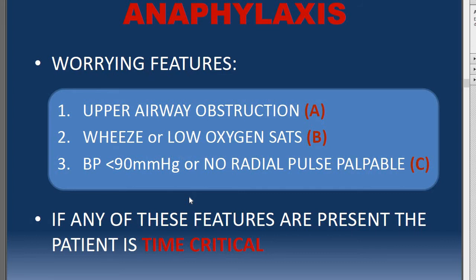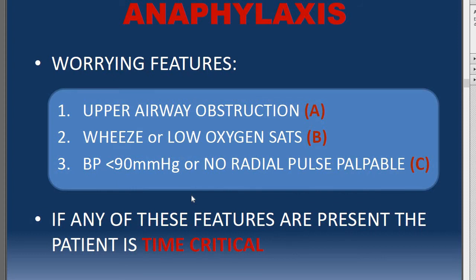So from an airway point of view, upper airway obstruction or impending upper airway obstruction. So we hopefully might get to them before their airway is closed, because if the airways become closed, then that's pretty bad news, because there's no way we can get oxygen down into the lungs. So we want to get to them before the airway closes, if possible, and give them suitable treatment.